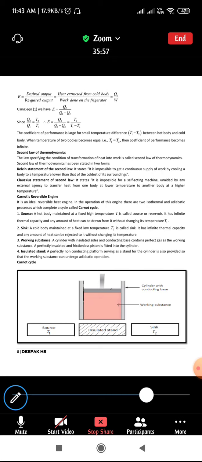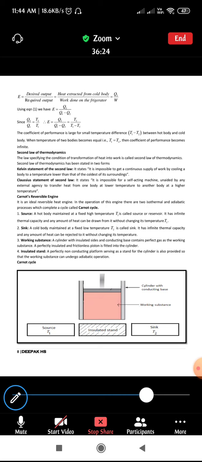Once again I'll explain. You know the refrigerator, right? Inside the refrigerator the temperature will be very low compared to the surrounding temperature. So in order to maintain the temperature inside the refrigerator lesser than the surrounding temperature, you need to do continuous work, some external work.